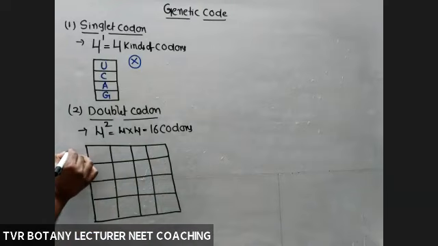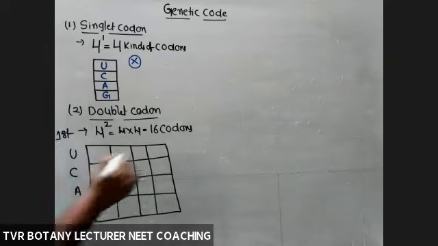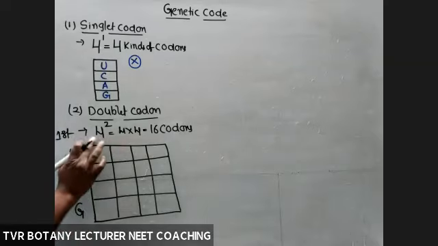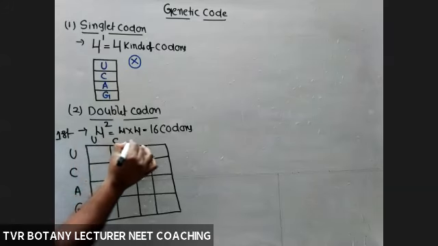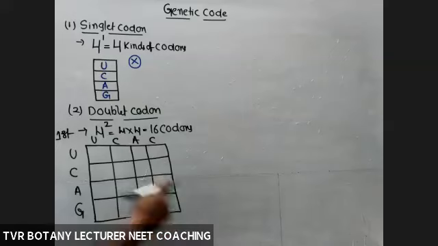First position, U, C, A, G. This is the first position. And this side is the second position. Here second position, U, C, A, G. And don't take third position.